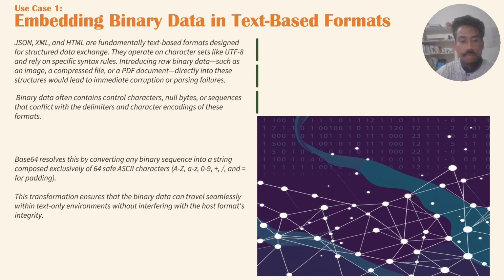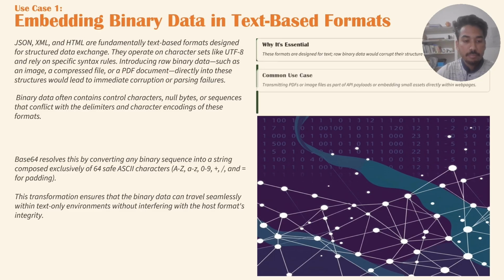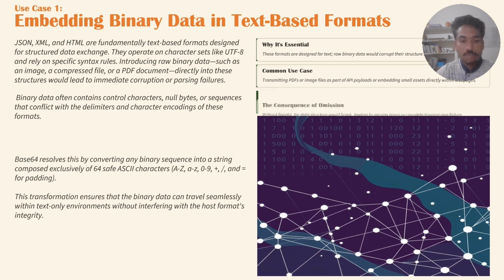It takes any binary file and turns it into a clean string made up of safe characters, letters, numbers, and a few symbols, just a few. In this way, the file can be safely included in a text-based format without messing up anything. In short, Base64 makes it possible to send files through systems that only understand text.